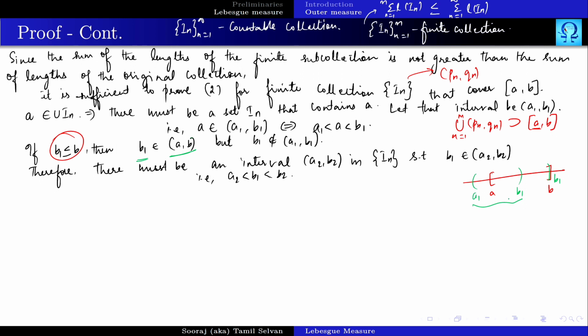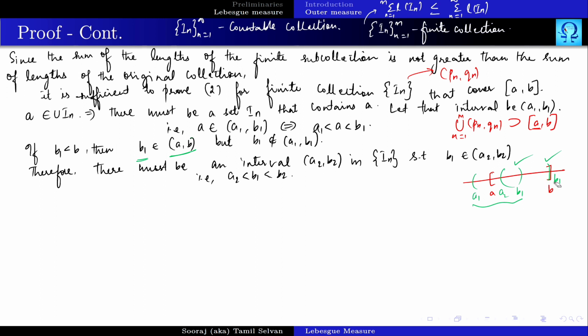So we will have to identify some other interval which contains b1. Therefore, you will have to identify some set of this form. As of now, just forget about the equality and just go with the inequality, then you will understand what I am trying to say. Your b1 can be either here or here, be it anything.